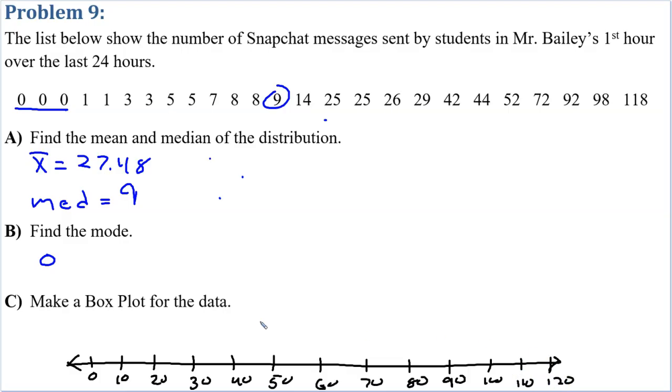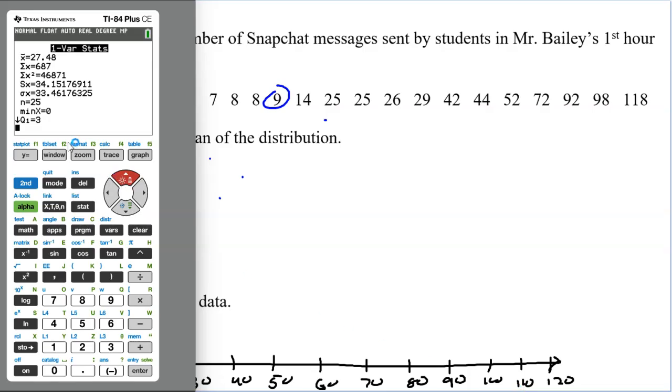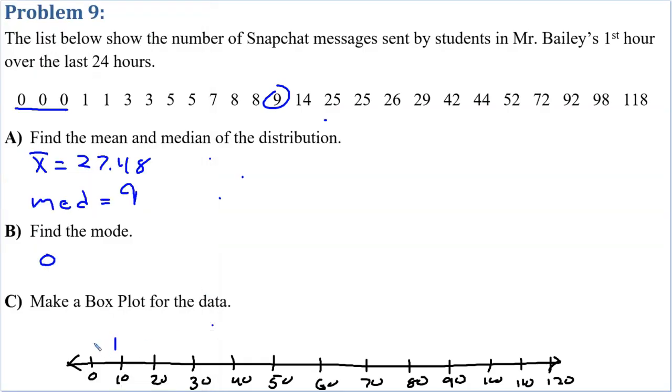And remember, my box plot had the median in the middle, which was the 9. I had boxes going to my Q1 and Q3, which the calculator is giving me Q1 at 3 and Q3 at 43. I'll just make rough estimates of where those are. And then the box plot extended down to the minimum, which was at 0, and then the maximum, which we'll say is at 118.